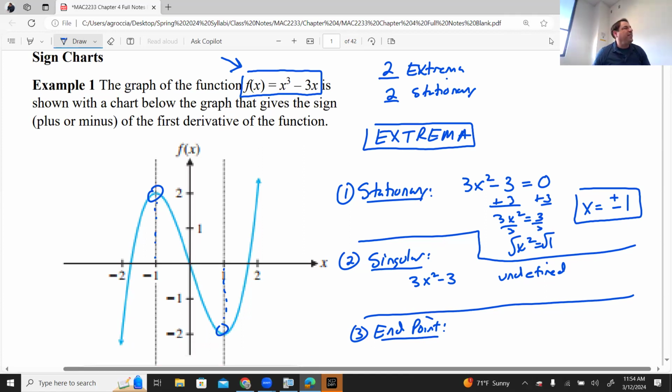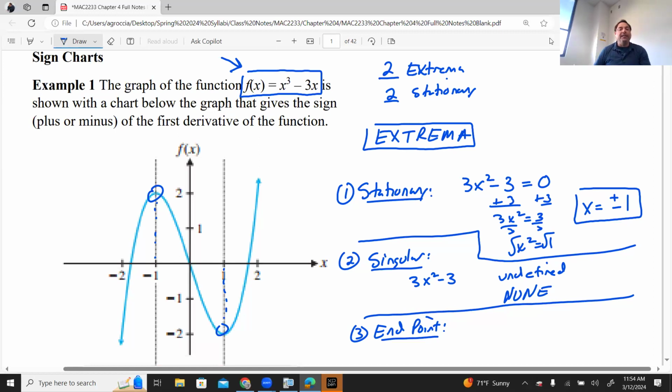Is there any dividing going on at all? Is there any chance that this could be dividing by 0? Are there any singular? None. But how do you check? You look at the derivative and see what number would make it undefined. And we're going to get into that a little bit later. But it's whatever number makes it undefined.